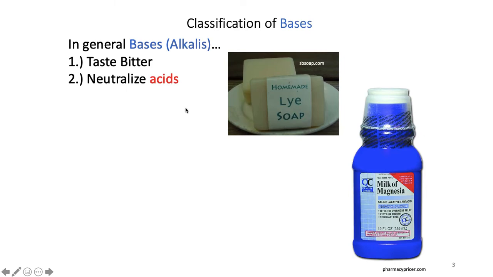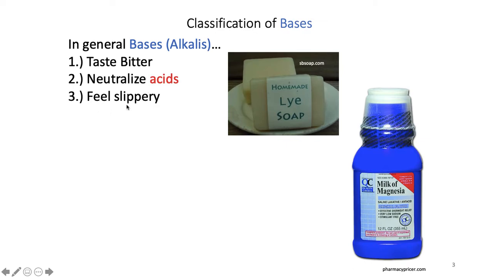If you've ever done the volcano type experiment for little kids with vinegar and baking soda, you know what I'm talking about. They react, they're neutralizing each other, and they produce lots of CO2 gas, and that's what you see bubbling.